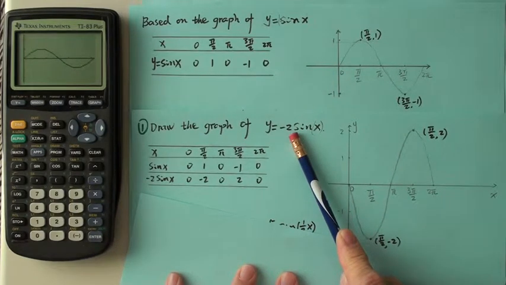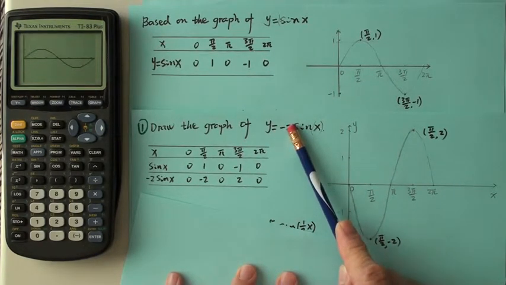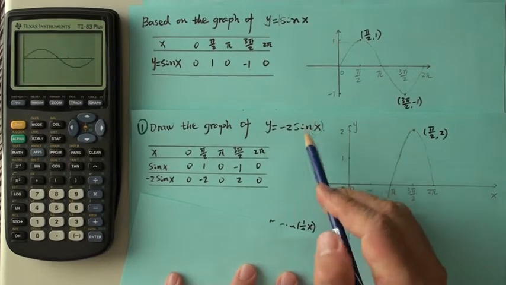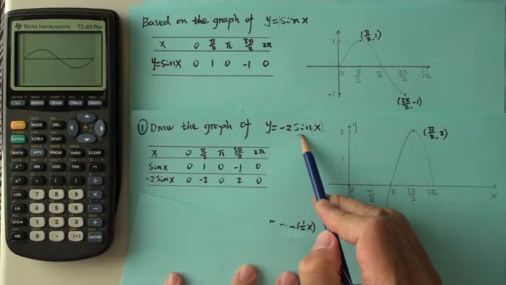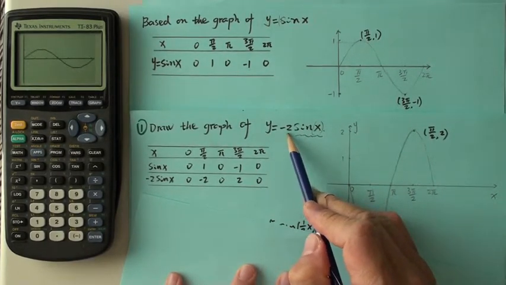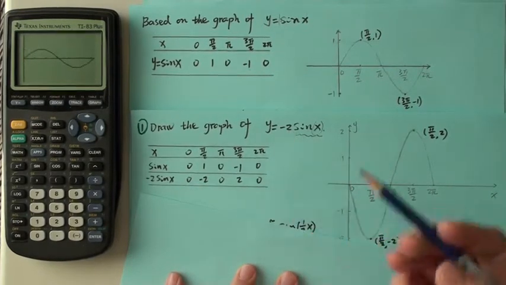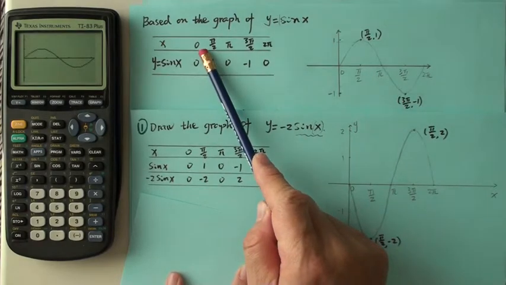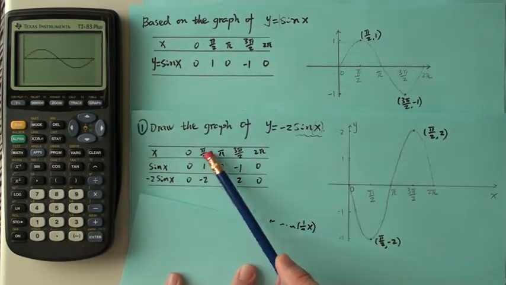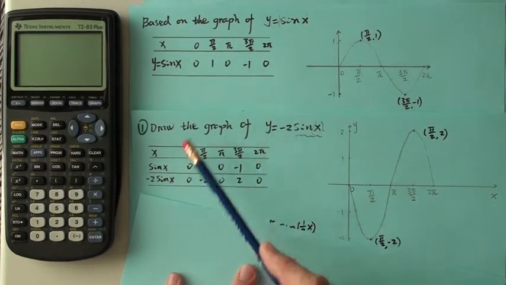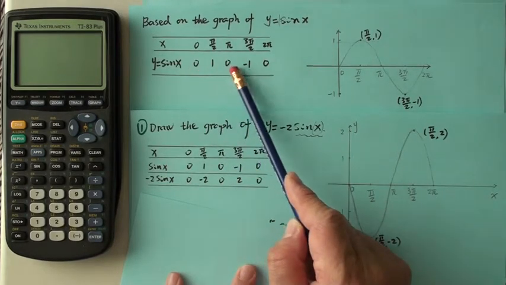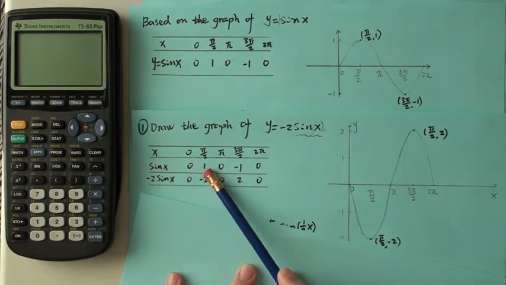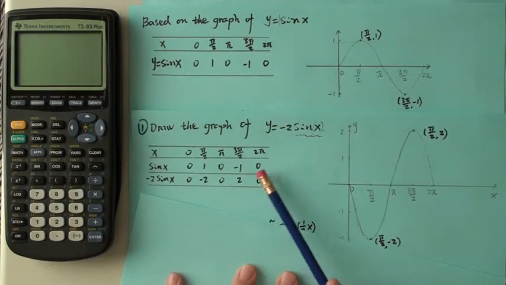For -2, how does the -2 play in here? It's basically that for each value of sin x, it needs to times -2. That's how it goes. Okay, so x equals 0 to 2 pi. We still get sin x, which has those 5 different values: 0, 1, 0, -1, 0.